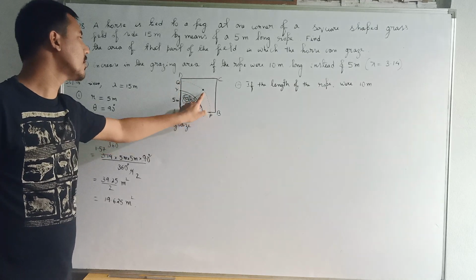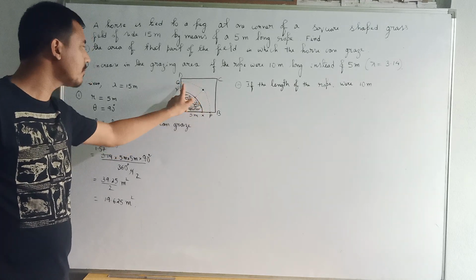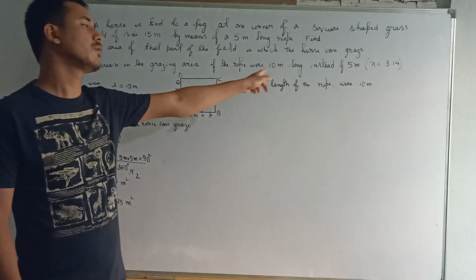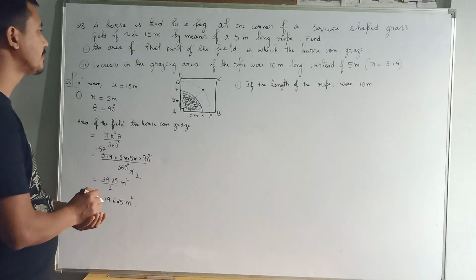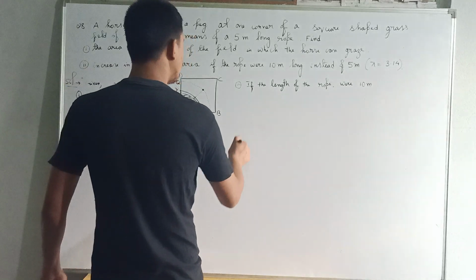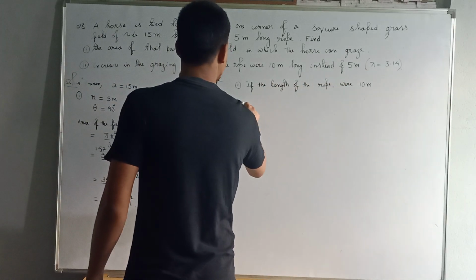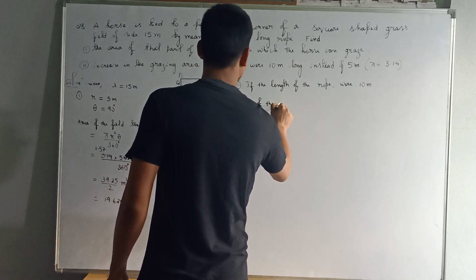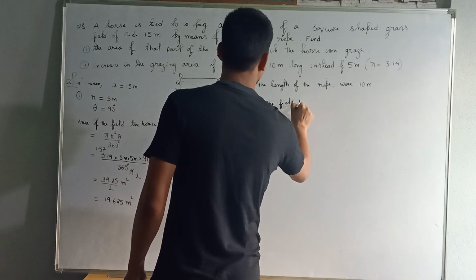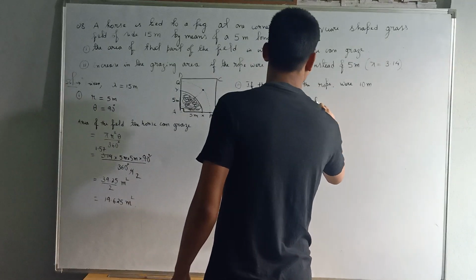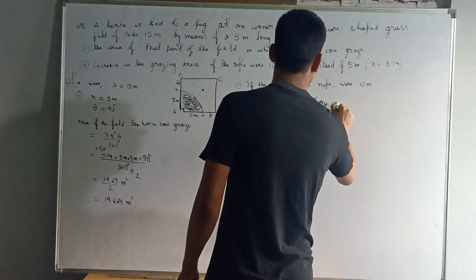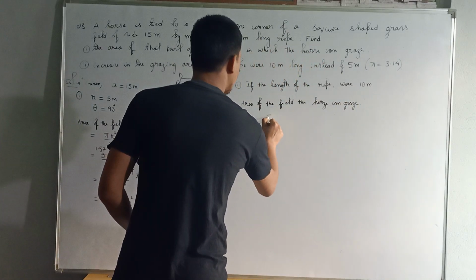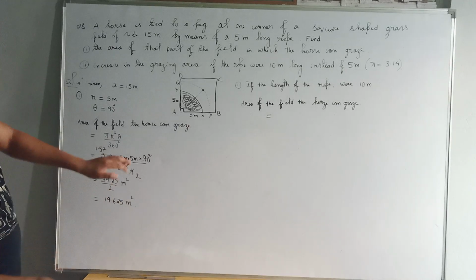This APQ is the region of the field in which the horse can graze if the length of the rope is 10 meters. So the area of the field the horse can graze will be given by the area of the larger sector.